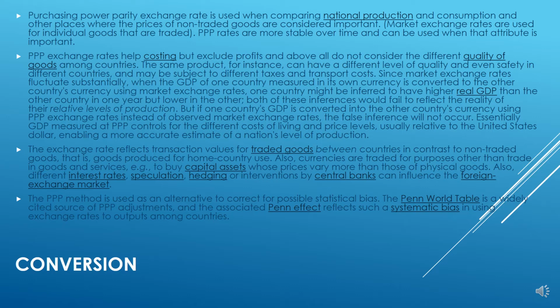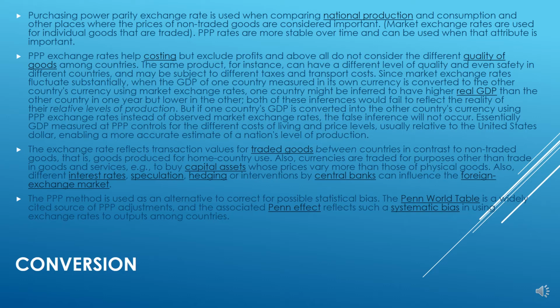Purchasing power parity rates are more stable over time and can be used when that attribute is important. The purchasing power parity exchange rate helps costing but excludes profits, and above all does not consider the different quality of goods among countries. The same product, for instance, can have a different level of quality and even safety in different countries and may be subject to different taxes and transport costs.